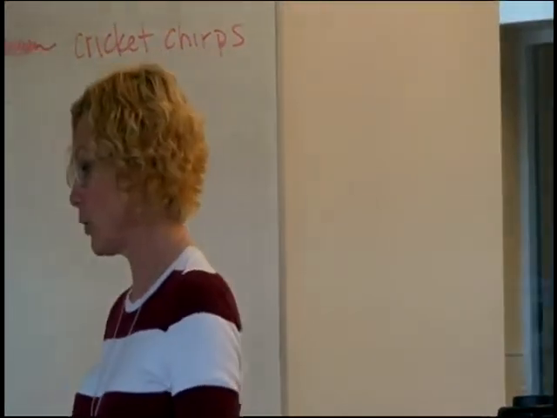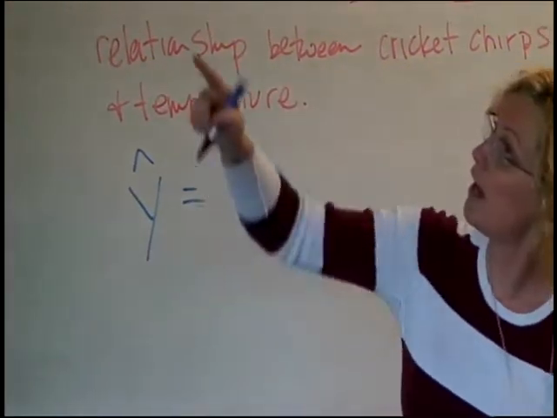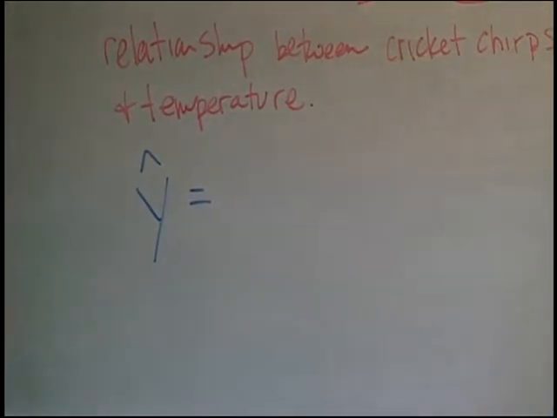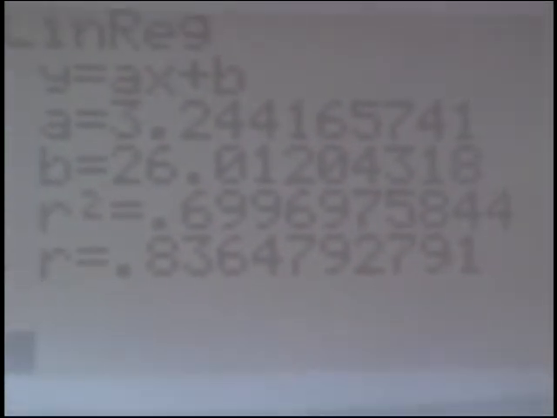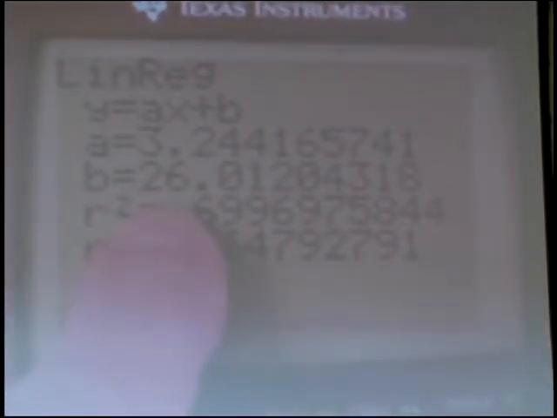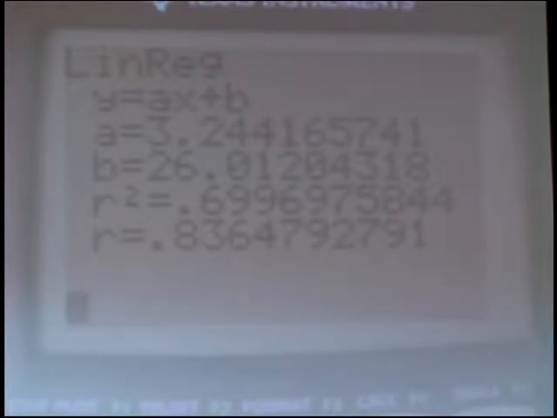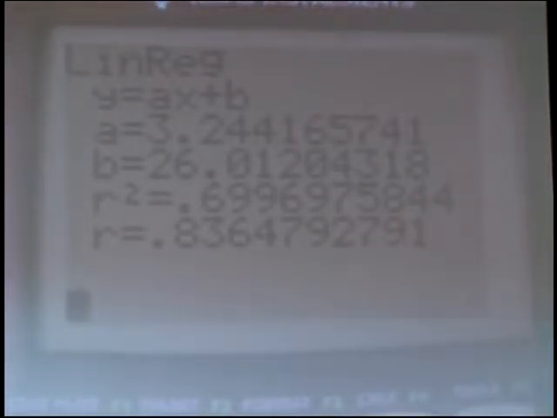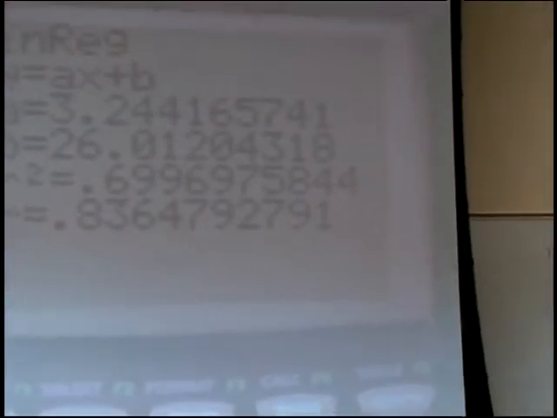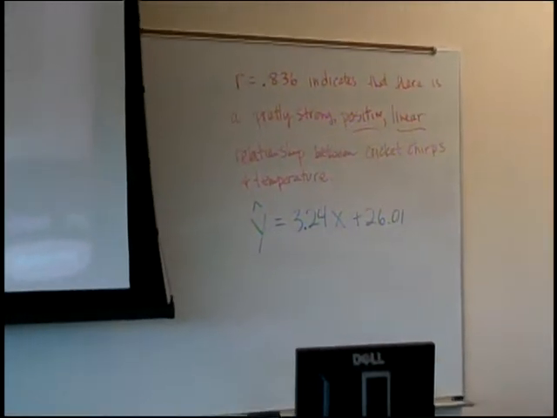So the equation of the line here is y hat equals ax plus b, so a is, let's say, 3.24 x plus 26.01. Okay, so the equation of the line describes this phenomenon we're seeing.